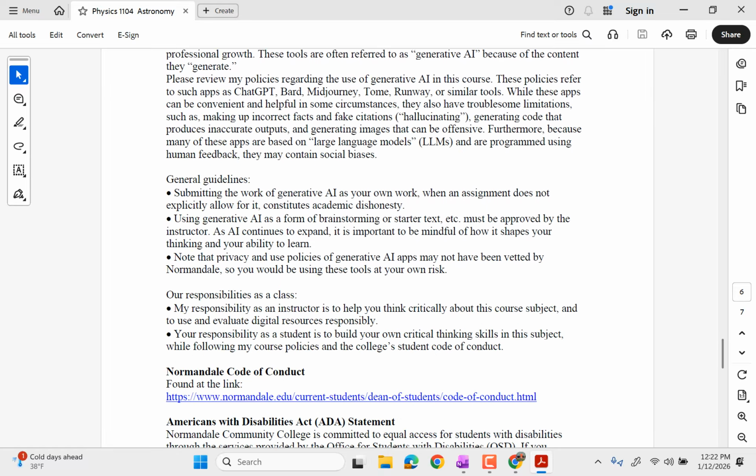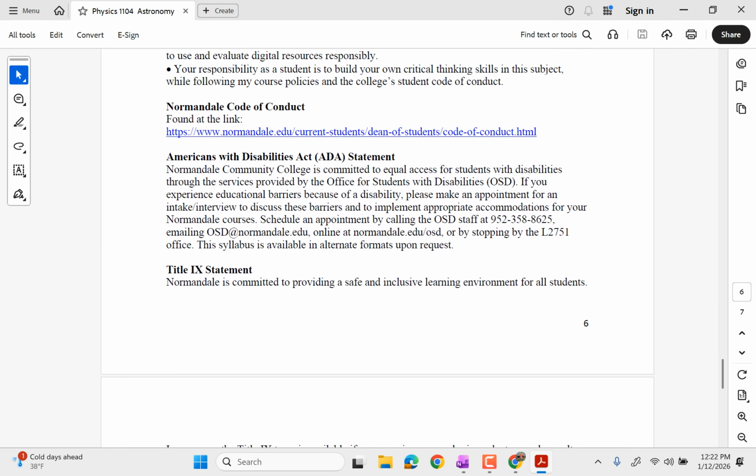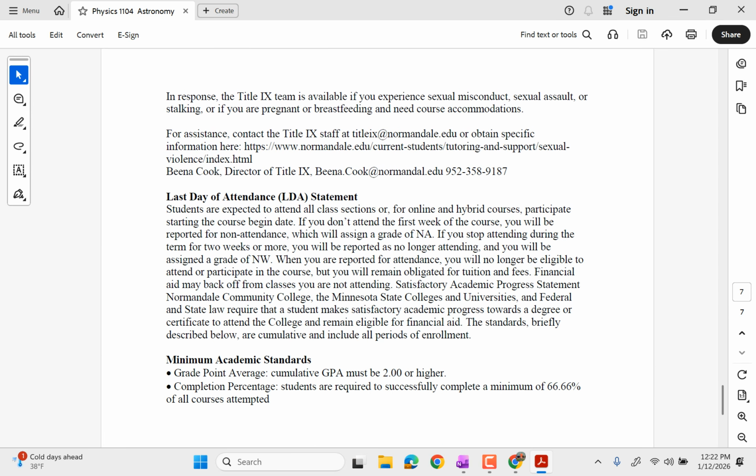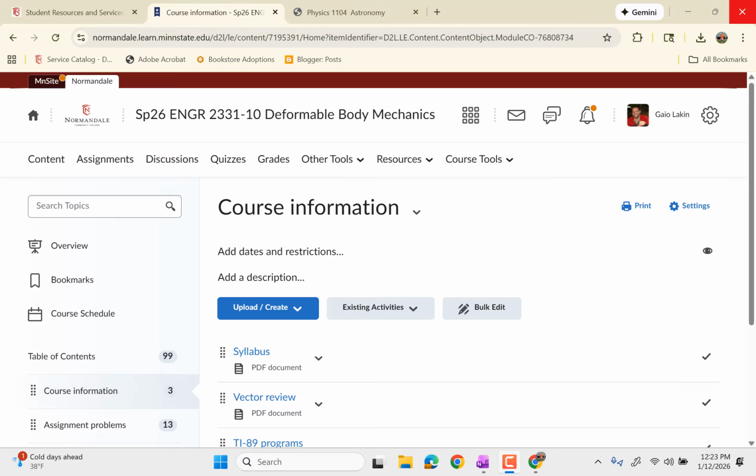Learning outcomes, some overall statements, Title IX stuff. So there's some more information you might want to glance over related to the syllabus. Okay, so that's it. Anybody have any questions about the structure of the class?